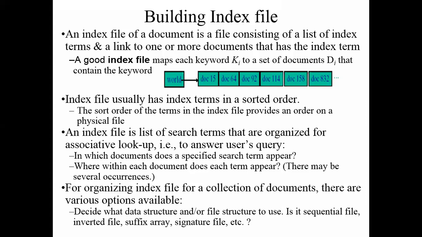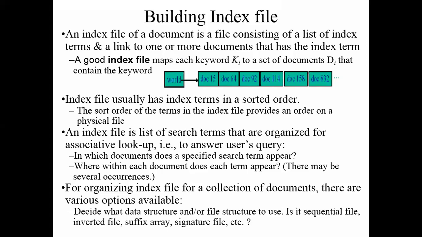For that, whatever index file we select should also facilitate searching. Nowadays, there are many indexing structures available, like the sequential file, which is the first indexing structure introduced by scholars for organizing index terms and creating the index file.